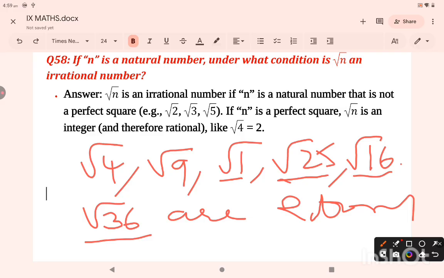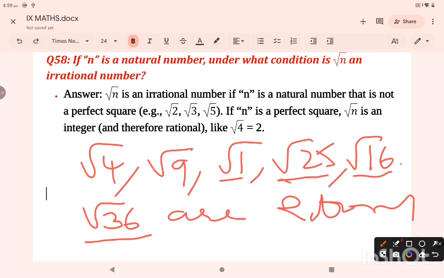That means if root n is a rational number, then n must be a perfect square.